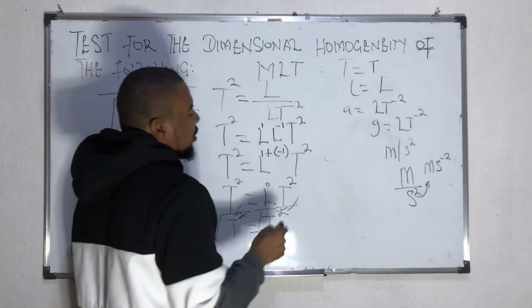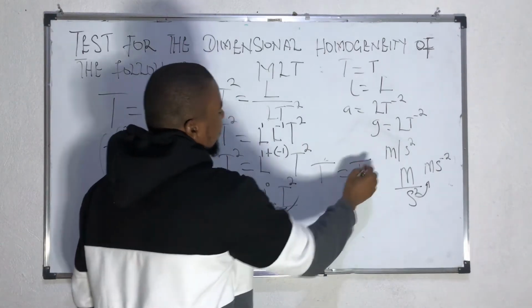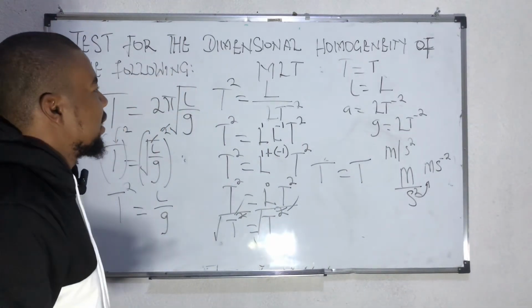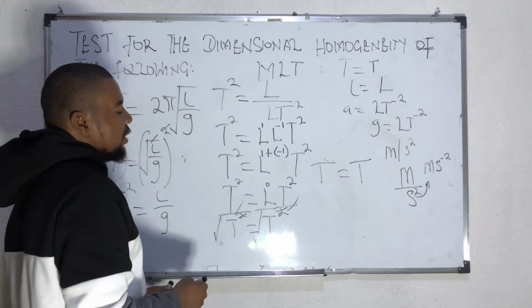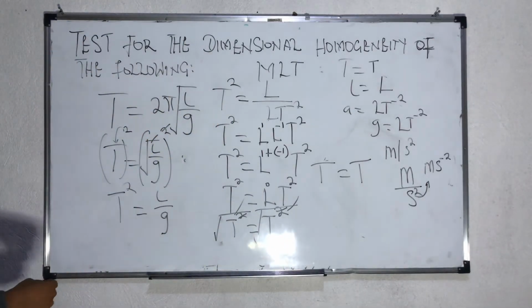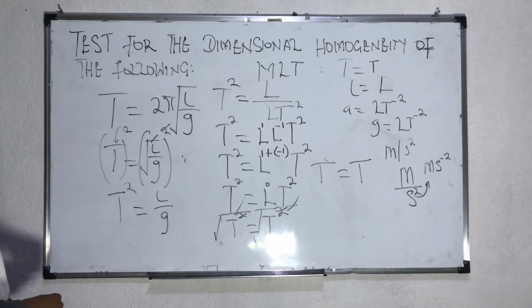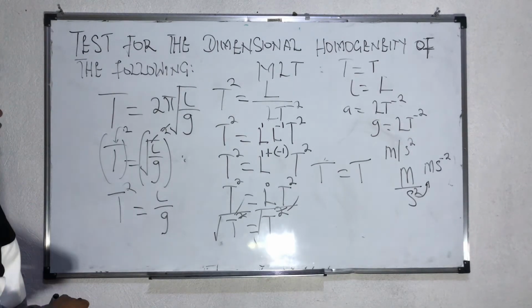Now, what are we left with? We're left with t equals t. And what does this mean based on the principle of homogeneity? It means that this equation or physical relation is dimensionally homogeneous, or it is correct, right?